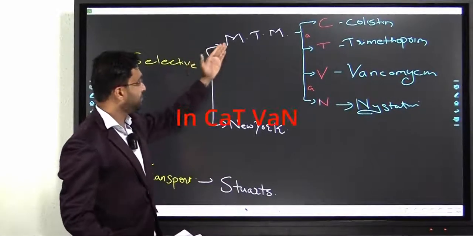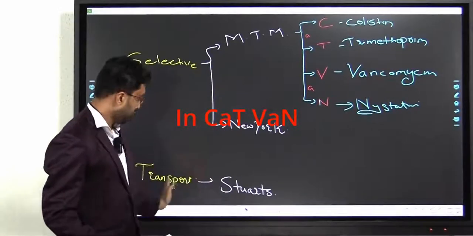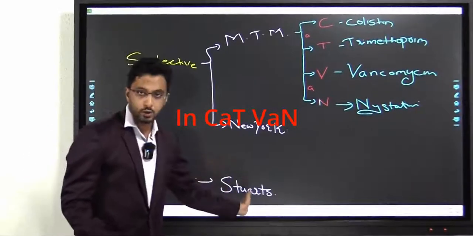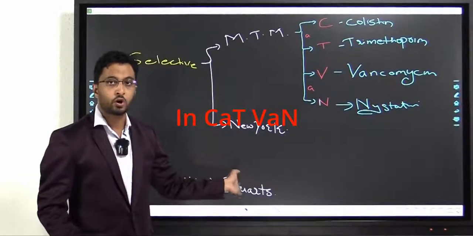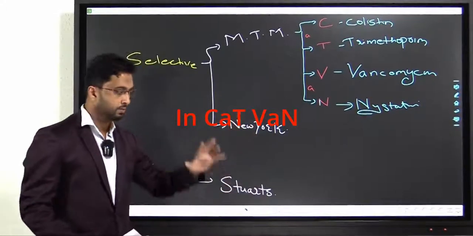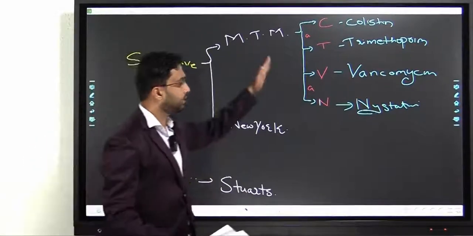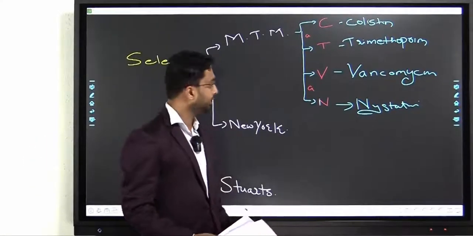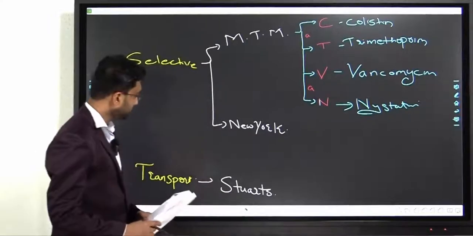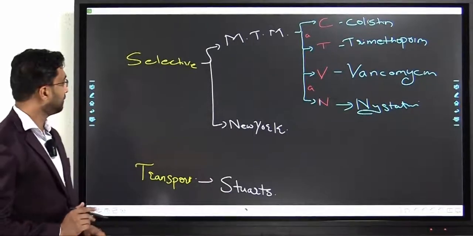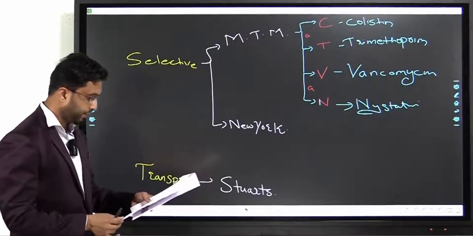So the Taylor-Martin in New York transports his goods through a person called Stewart. Okay, so if you can remember that, then this side becomes easy. Then it is Cat-Van. Fine. So that's it about the selective and transport media.